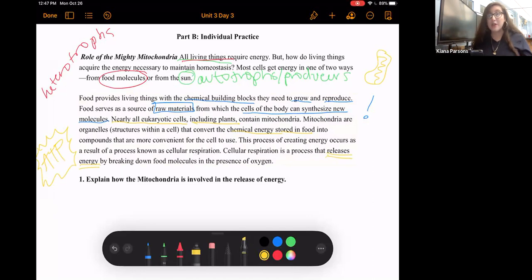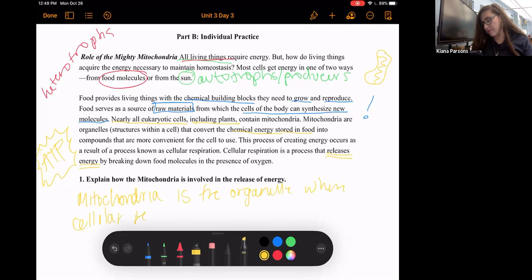So, how is the mitochondria involved in the process of releasing energy? Mitochondria is the organelle where cellular respiration occurs.